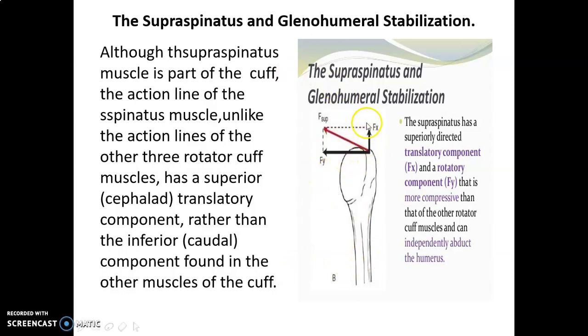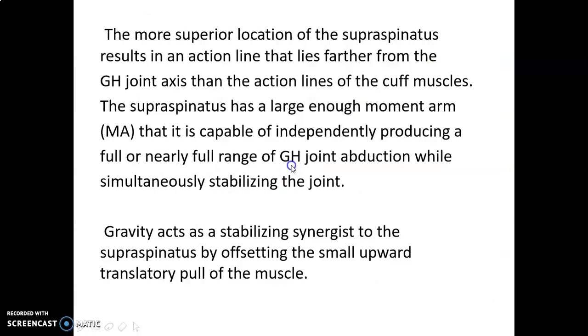You can see the superior translatory component, the apex and the compressive component of the supraspinatus muscle, the Fy. But what we achieve is the resultant force, the rotatory force component of the subscapularis.